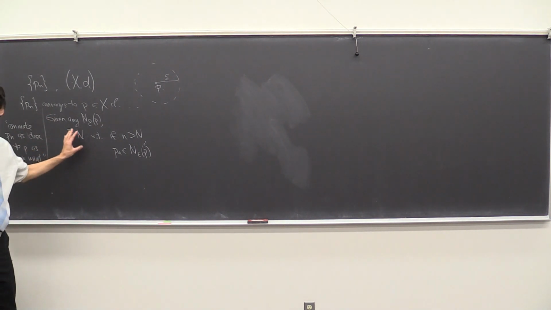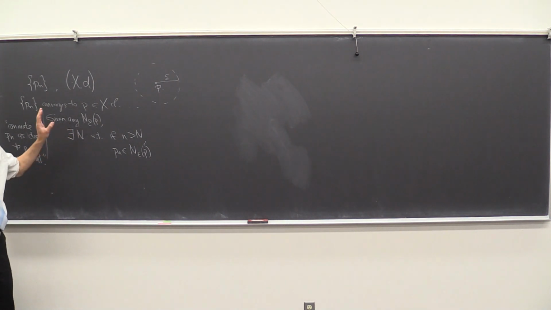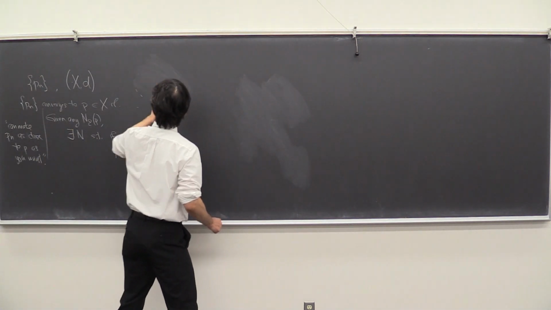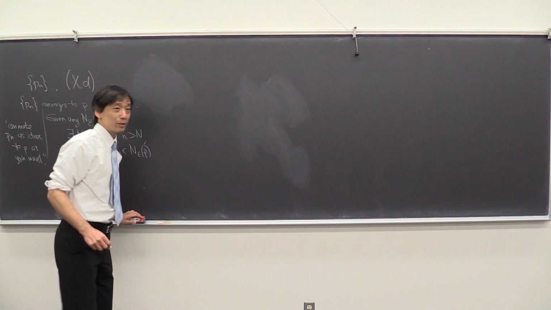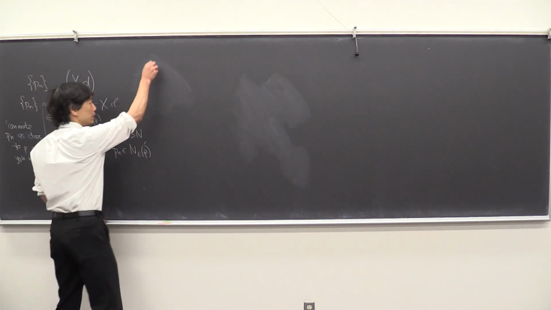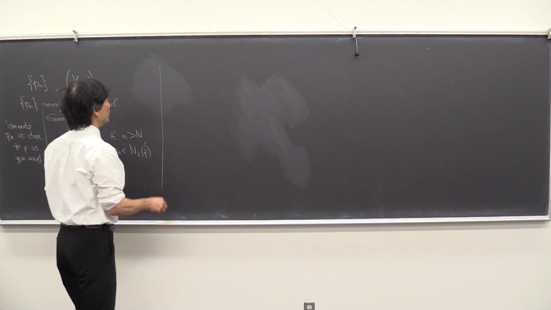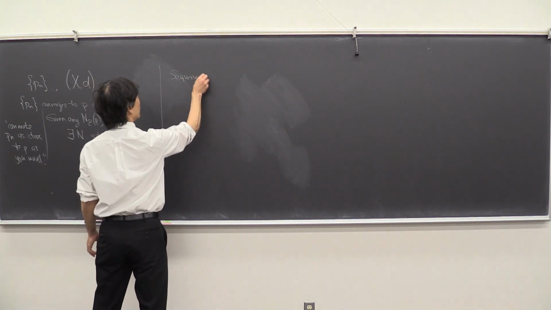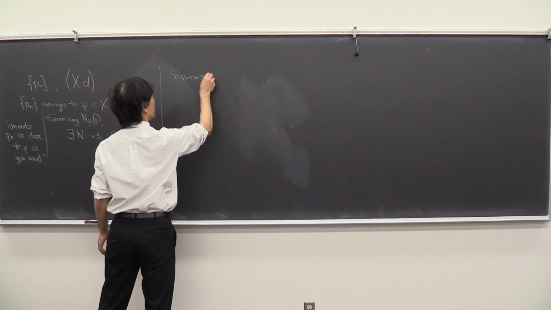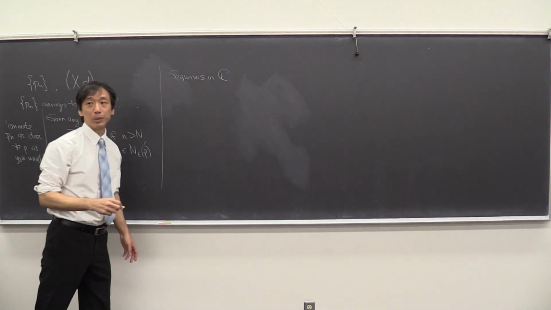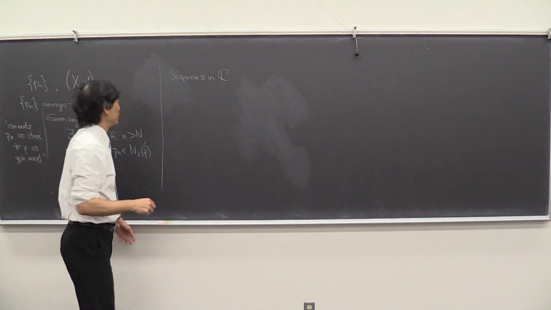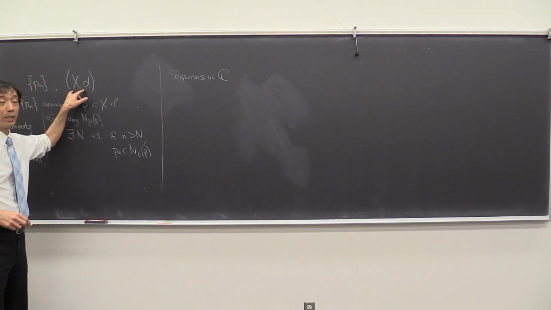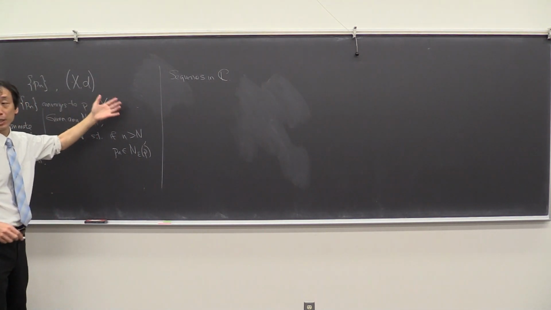So we did that, and then we did a bunch of basic facts about convergence. And what we're going to do today is talk about sequences of complex numbers. So instead of an arbitrary metric space, we're going to have points that are complex numbers.